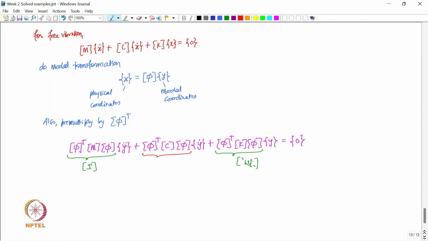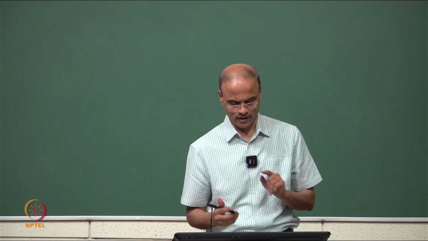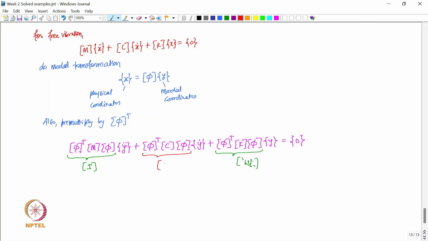That is why phi transpose C phi will also be a diagonal matrix, and we can write it in the form of 2 zeta r omega r, right. So, this would be the diagonalized damping matrix. Okay. So, then what next? Now, all the above are decoupled equations.